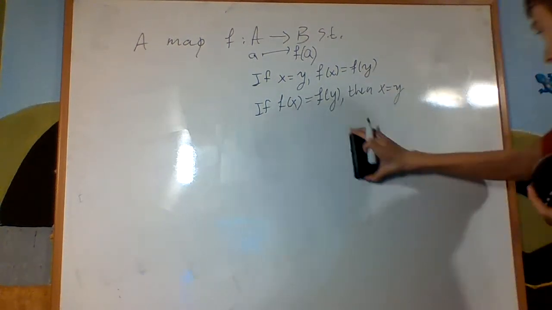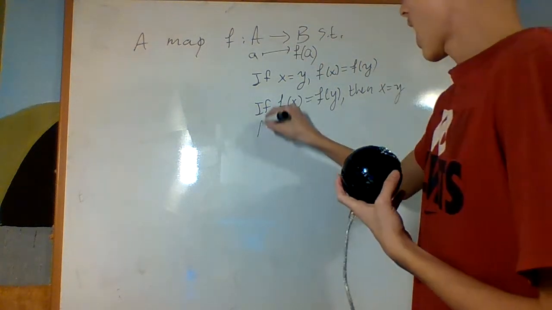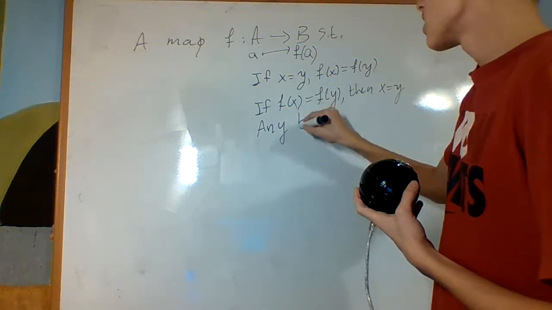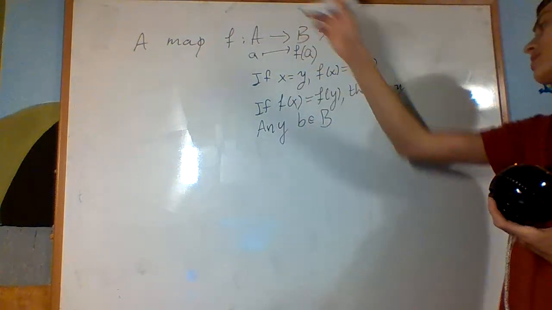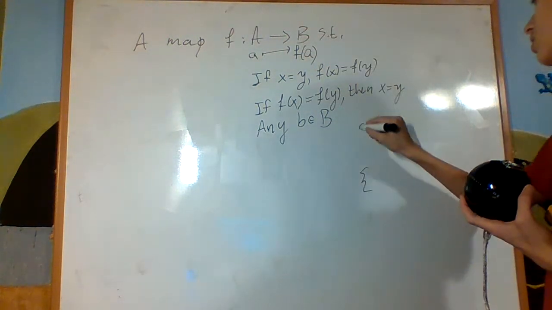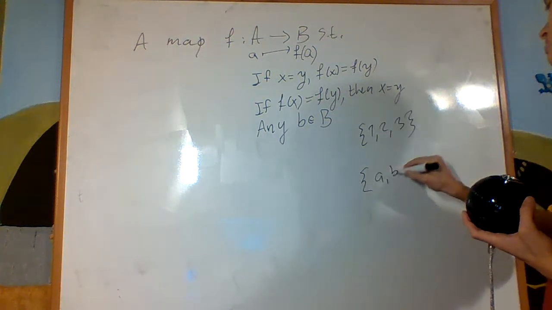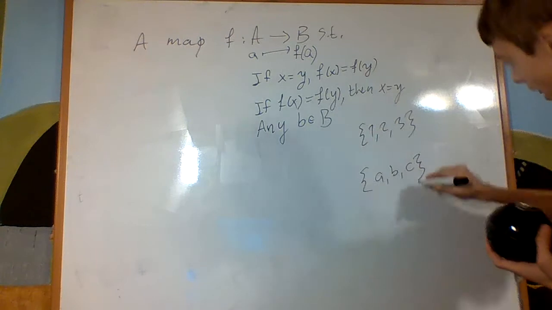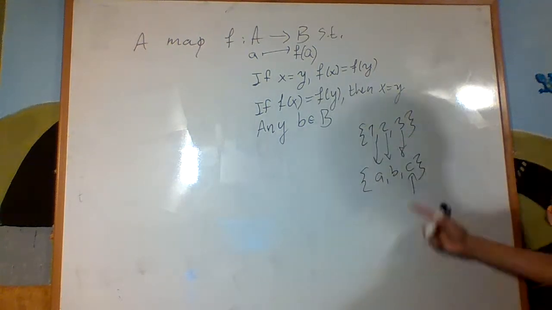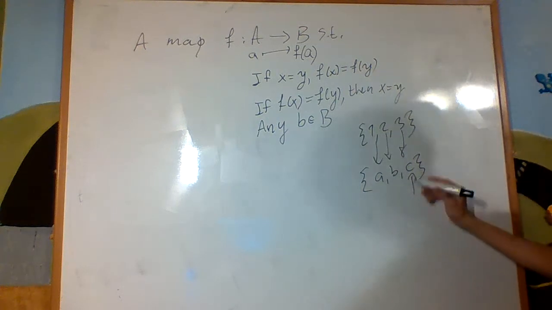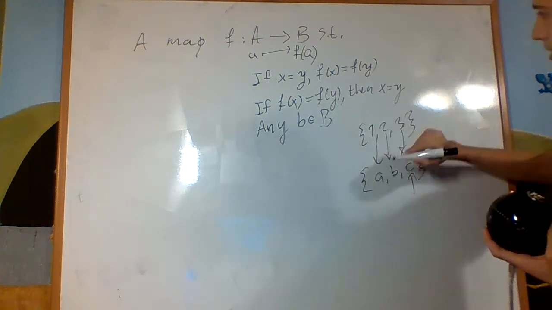And we need one more property: any B that I choose from B, any element in B, so in our example 1, 2, 3 into A, B, C, I can choose any one of these. I can choose A, B, or C, and there's something that maps to it.